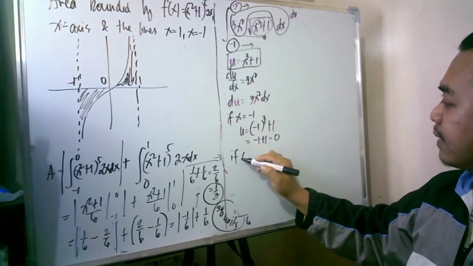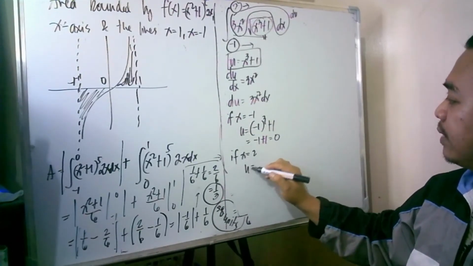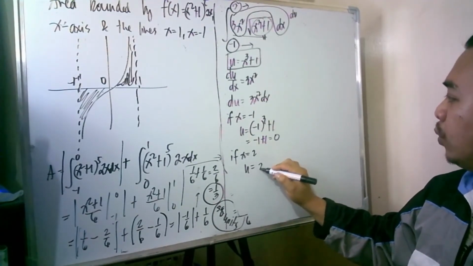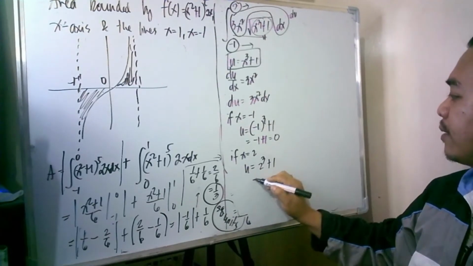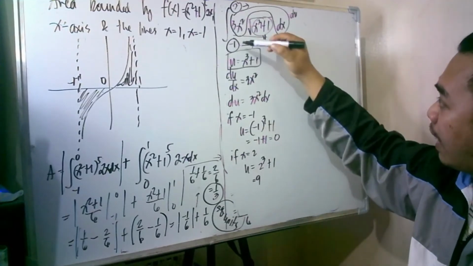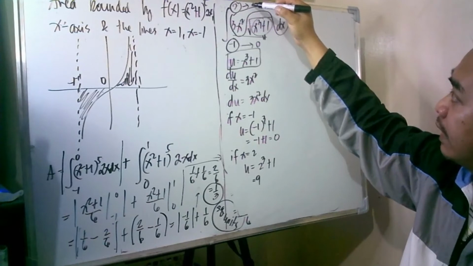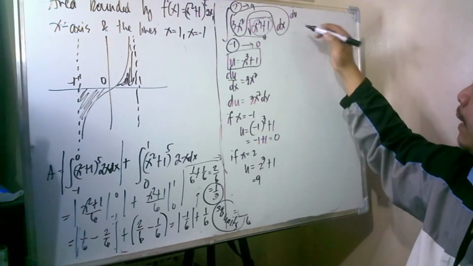Also, if x is equal to 2, that's the upper limit kasi, u is equal to 2 cube plus 1. What is 2 cube? It's 8 plus 1, 9. So mukhang ang kapalit ng -1 dito ay 0 at ang kapalit naman ng positive 2 ay 9.